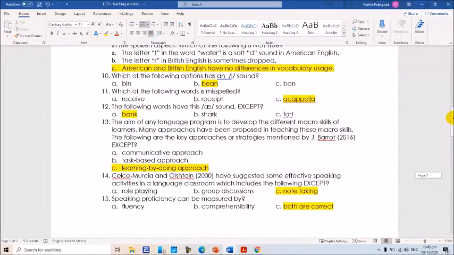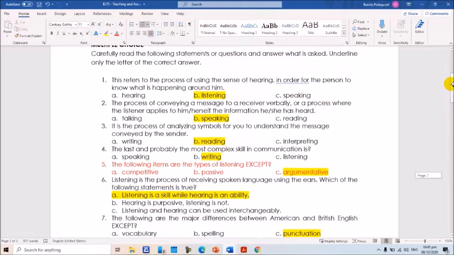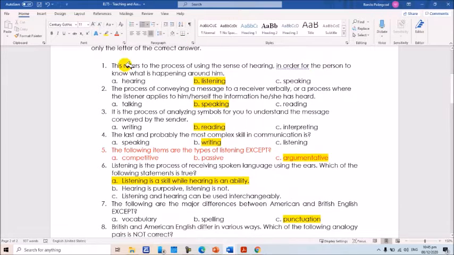Let's begin with, of course, question number one. Number one, this refers to the process of using the sense of hearing in order for the person to know what is happening around him. Of course, this is listening. Second, the process of conveying a message to a receiver verbally. So, obviously, this one is speaking.